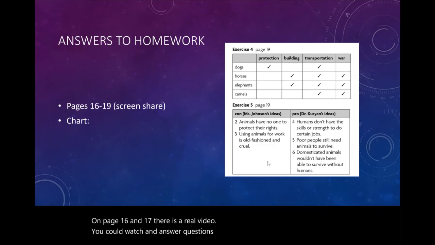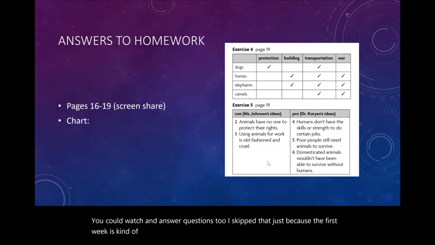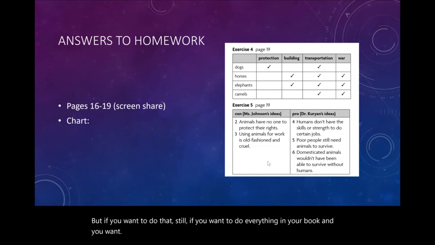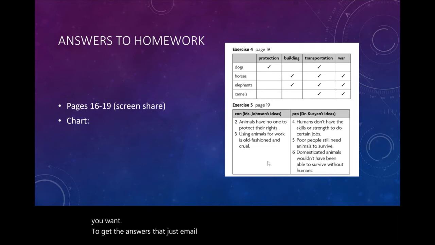I skipped that just because the first week is kind of crazy with trying to get our books and everything. But if you want to do everything in your book and you want to get the answers to that, just email me, let me know, because I can give you more answers.